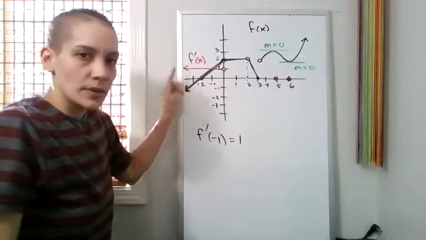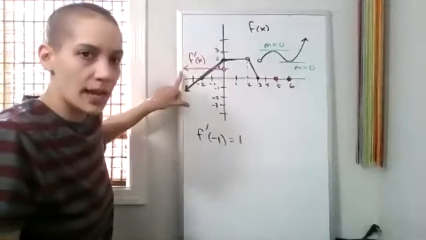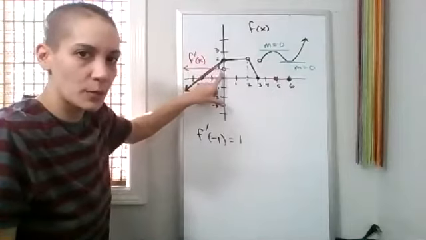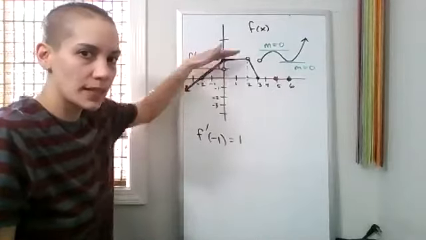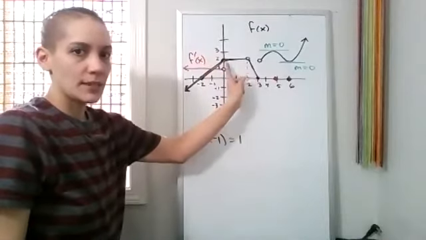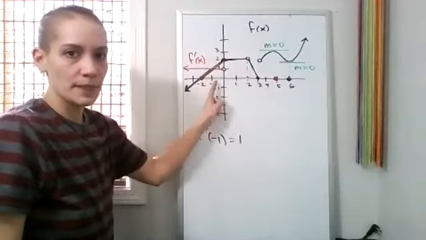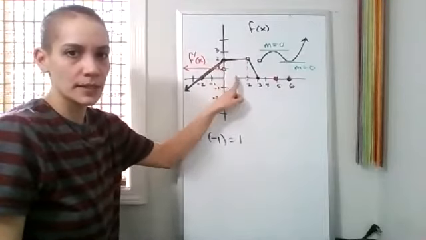F prime is going to be drawn in red. It starts off at a height of 1, with an open circle right here. Now let's talk about this piece. F is flat, which means a slope of 0, so f prime is going to be 0 from here to here.